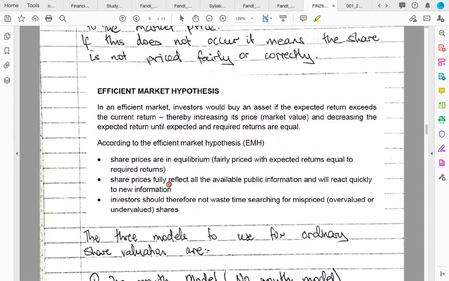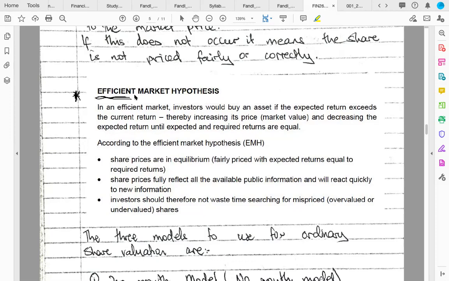Okay, so now I just want to explain this theory. It's some important finance and investments that you need to note. Basically, what this is saying is that if the market or the economy of a country is efficient, right?